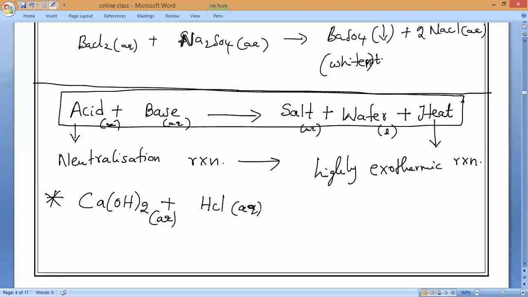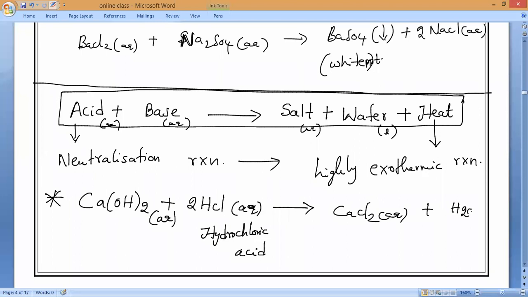HCl in aqueous state is hydrochloric acid; if it is a gas, it is hydrogen chloride. So which will give you calcium chloride plus what will come, guys? H2O.